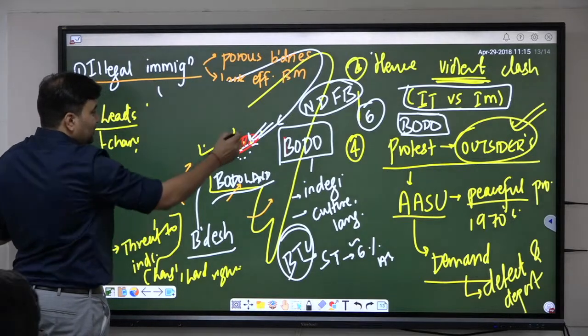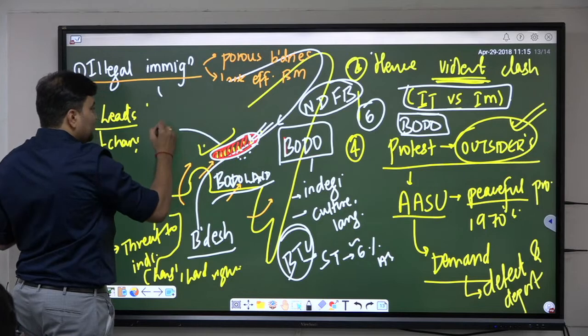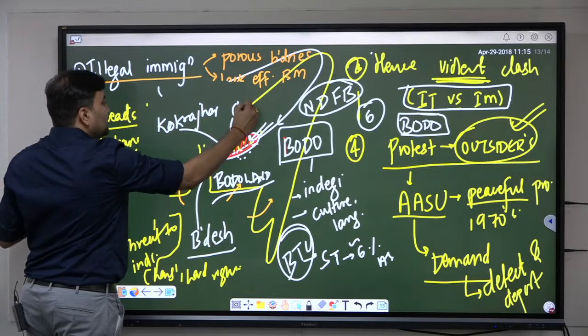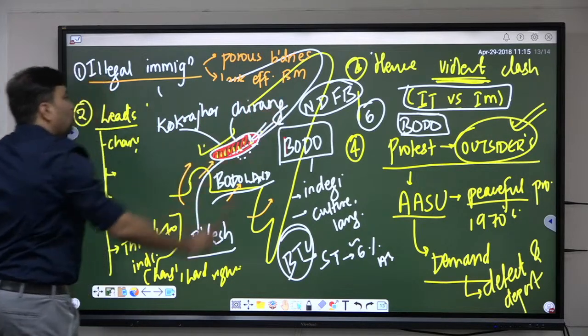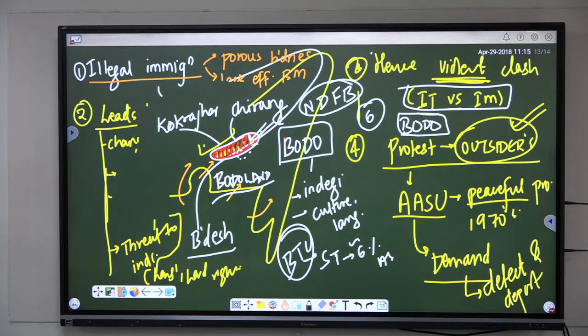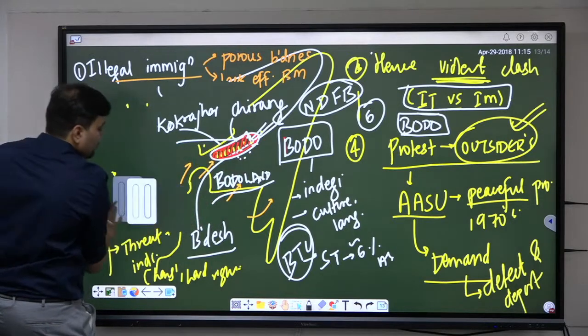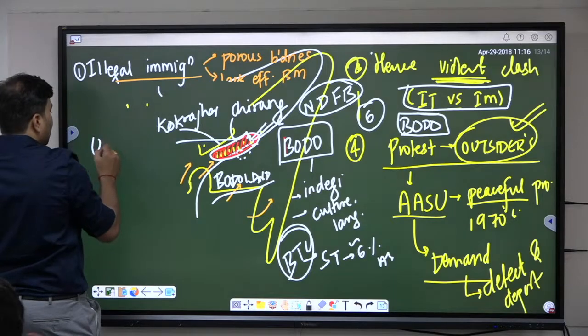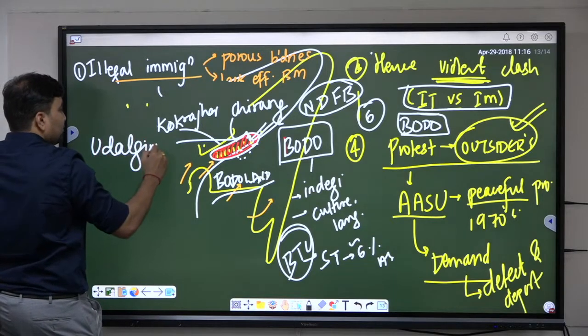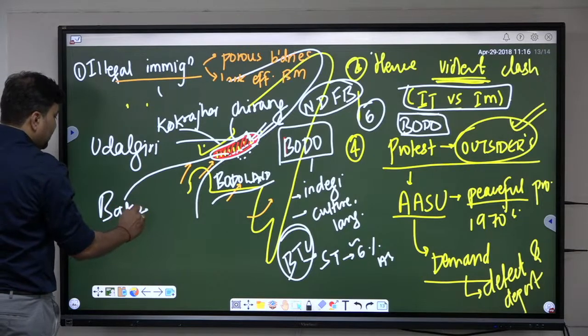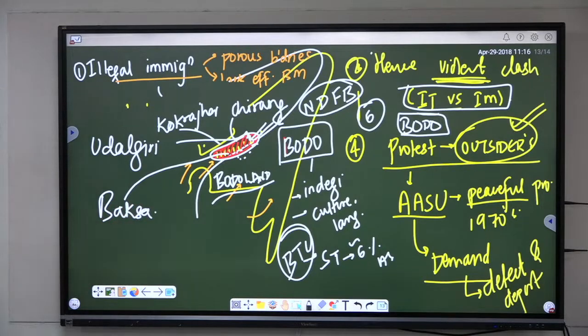Next point you can write here, this Bodoland area, comprising districts like Kokrajhar, Chirang, Udalguri, Baksa, etc. Next point to write.